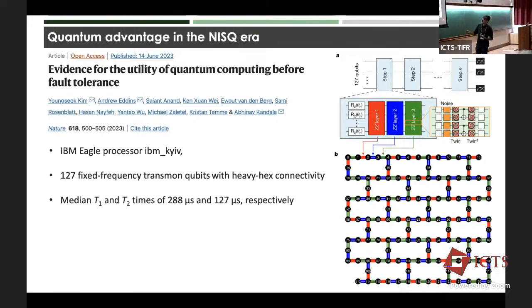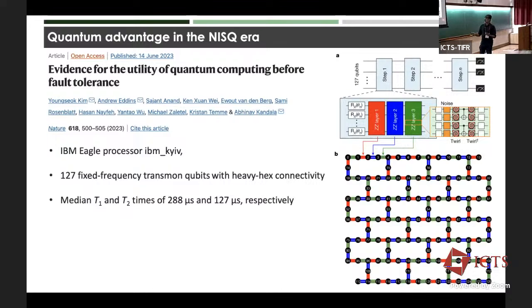This is their IBM Eagle processor with 127 fixed frequency transmons with this heavy hex connectivity, which is this thing over here, with T1 and T2 times of around 300 and 150 microseconds or so, just really state of the art. And to have that over the entire chip is quite impressive.